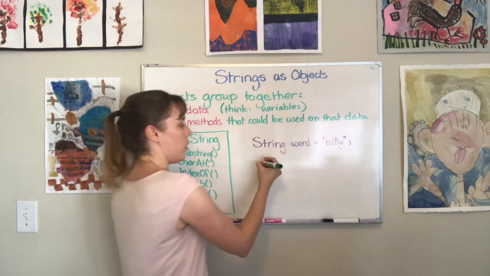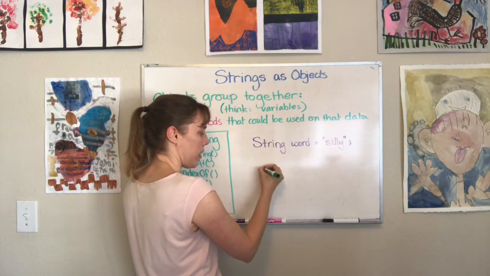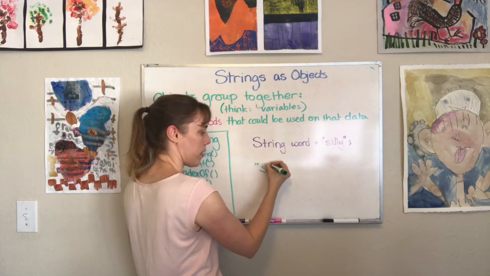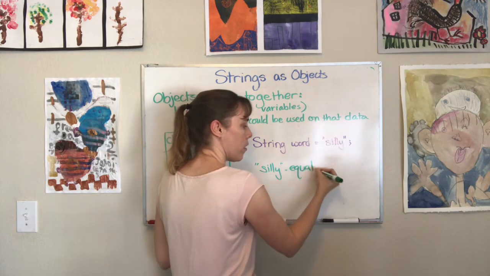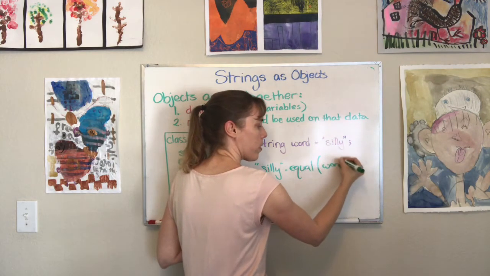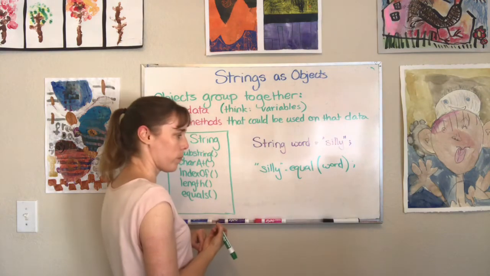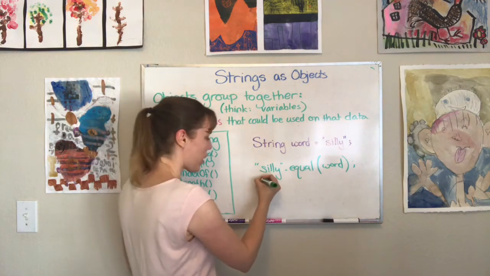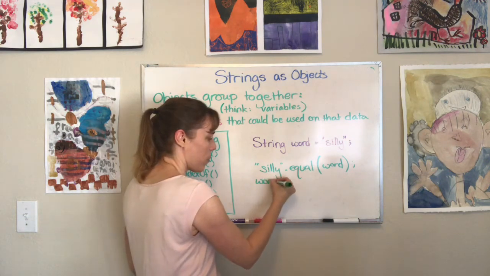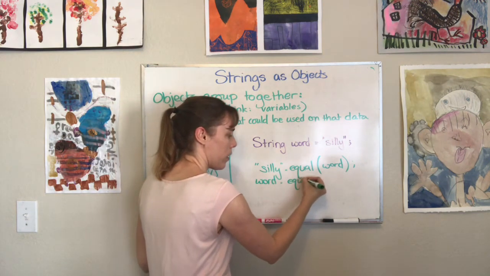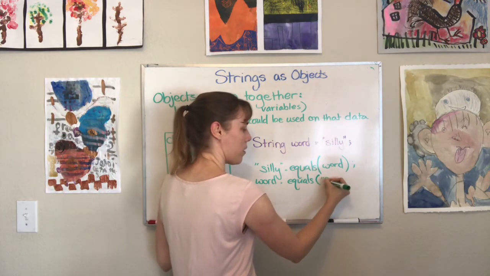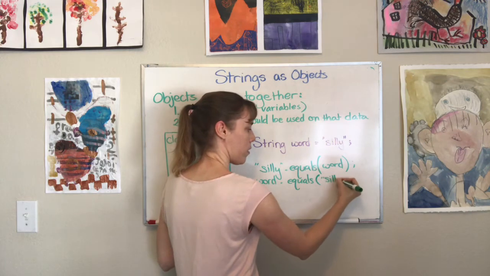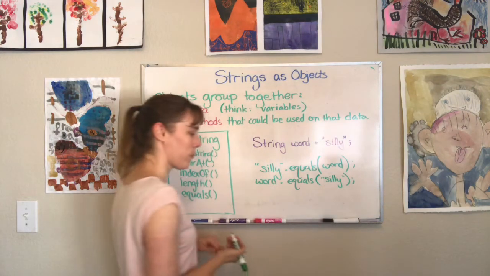You could check to see if the string silly was equal to what's stored in word, and that would be true. And you could check the same way with word.equals silly. And that would also be true.